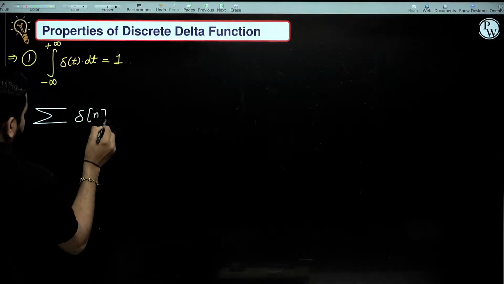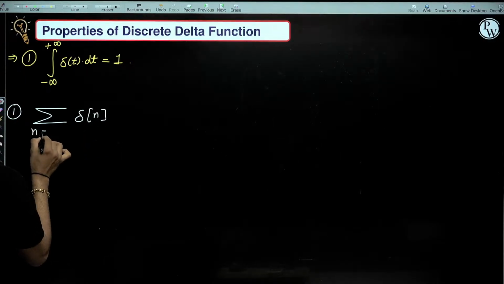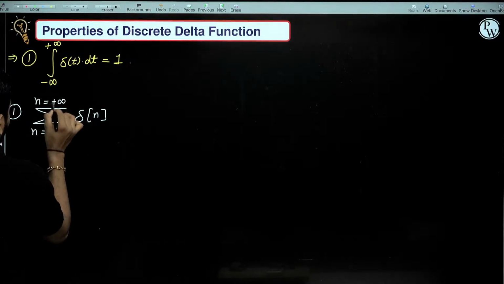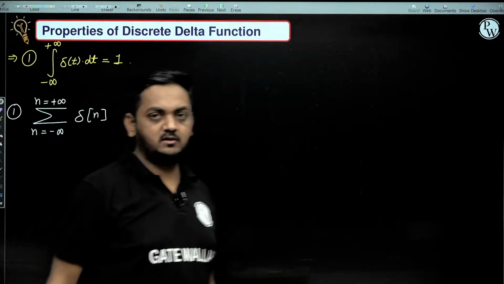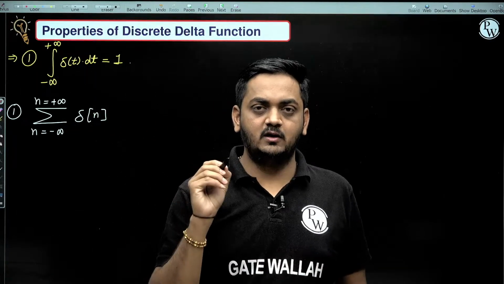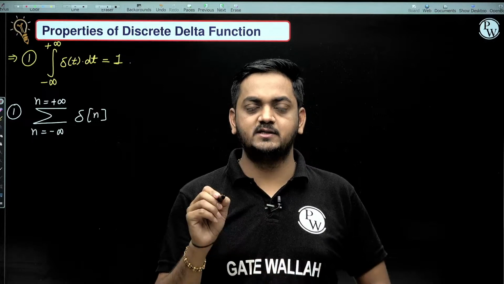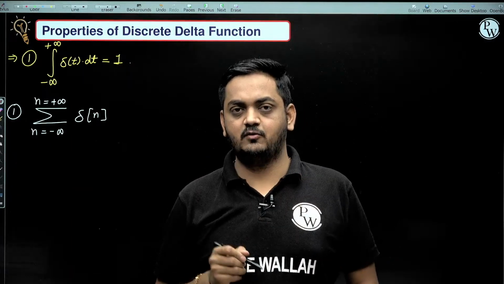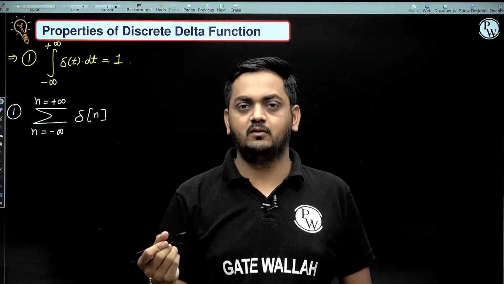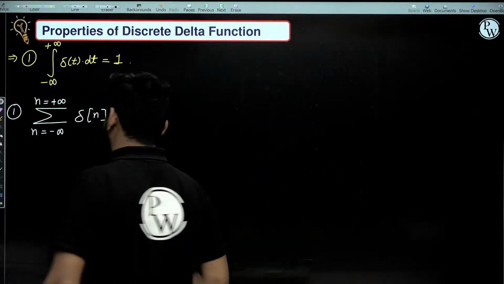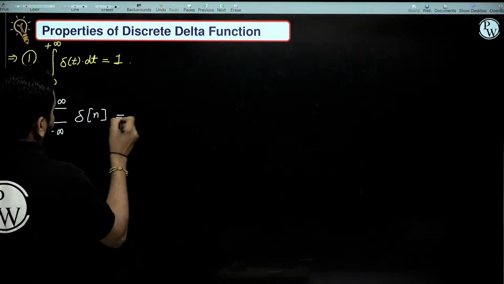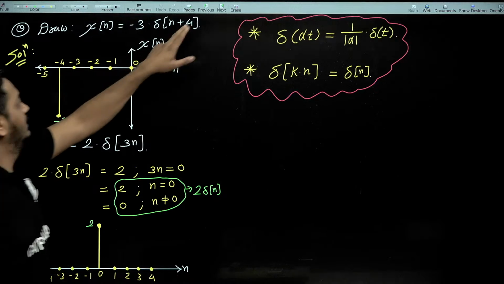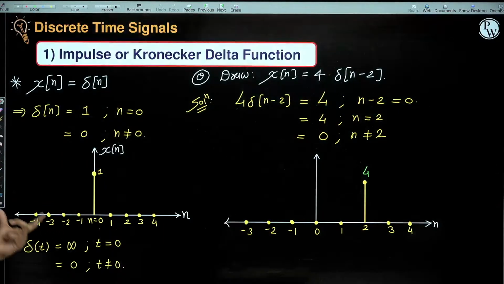If you do the summation of all the samples from n equal to minus infinite to plus infinite, it means the summation of the amplitudes of all the samples.